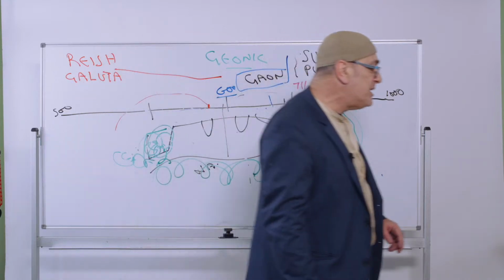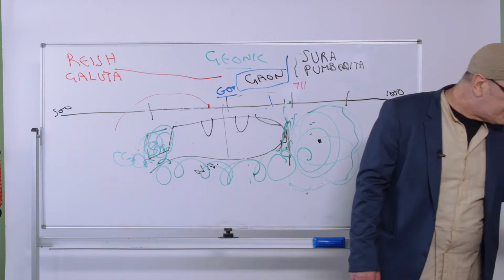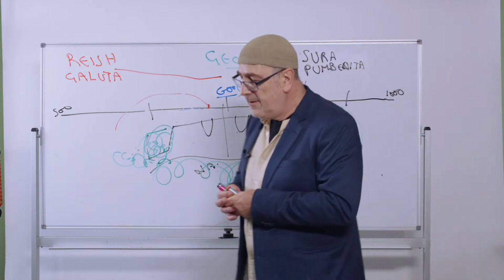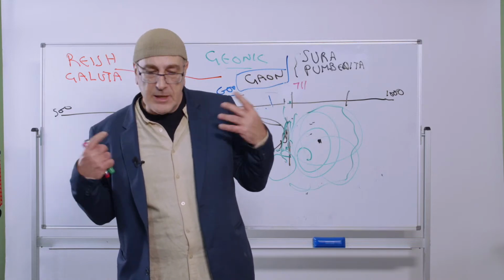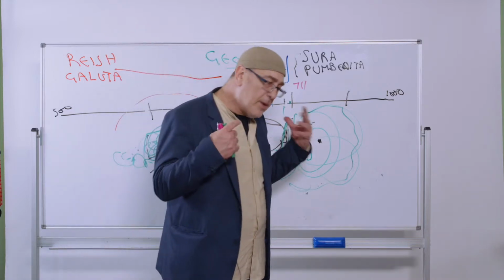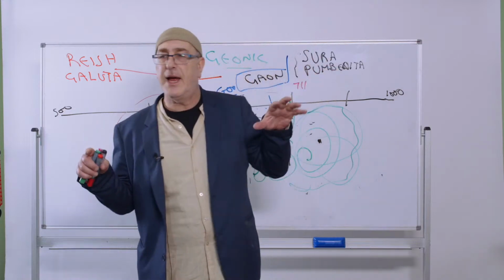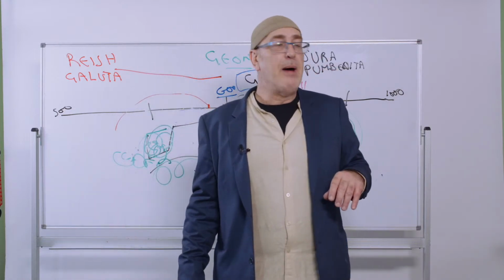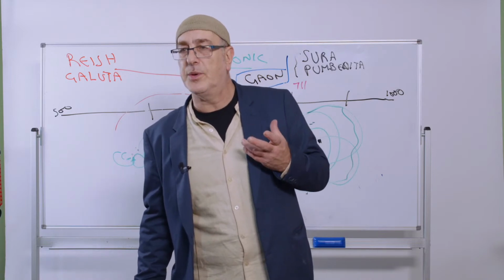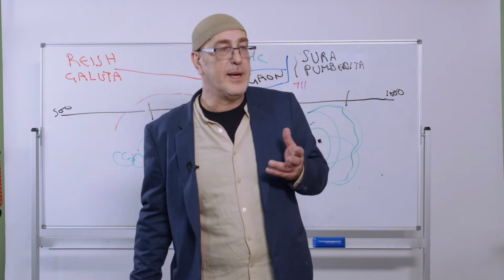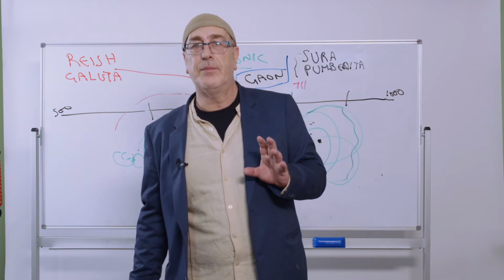And what we realize is that by the time you get to the 700s in the Abbasid Caliphate, in Babylonia, Sura and Pumbedita are going through the usual cycles of up and down, but there are starting to rise some incredible challenges intellectually and in other ways in the Jewish world.